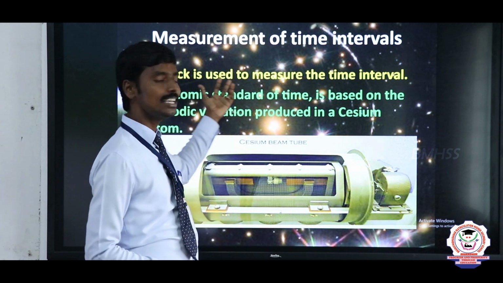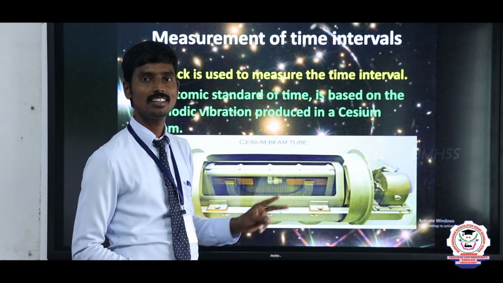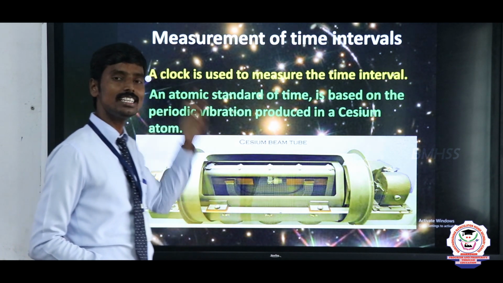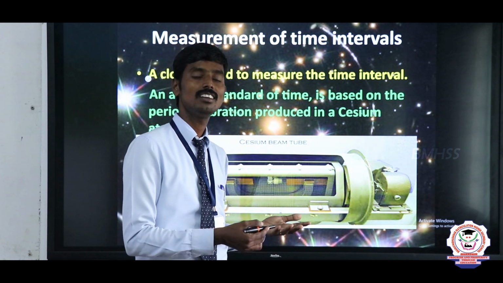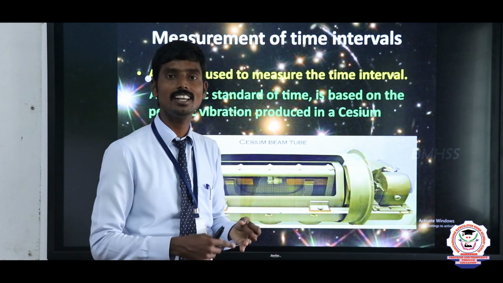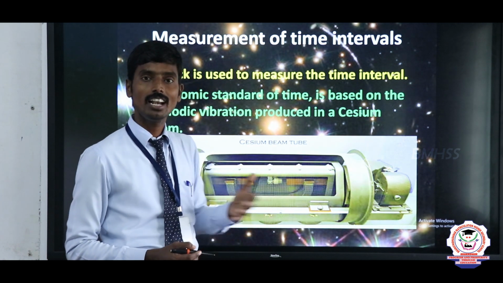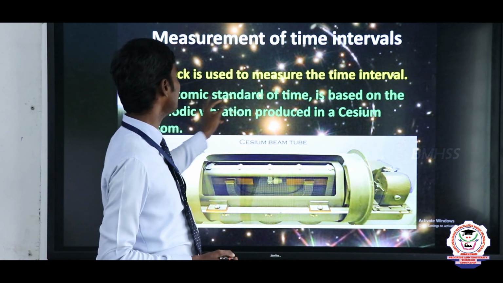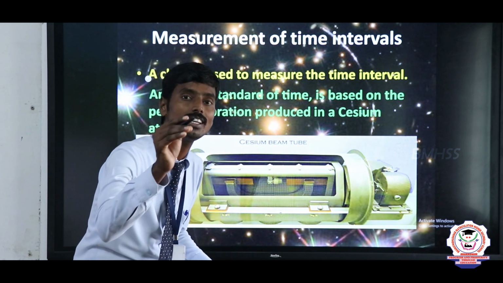A clock is used to measure the time interval between 2 events; that is called measurement of time. In olden days, how did we measure time intervals? Two ways: sun clock and sundial. Nowadays we use the atomic clock, where the atomic standard of time is based on the periodic vibration of cesium 133 atoms.